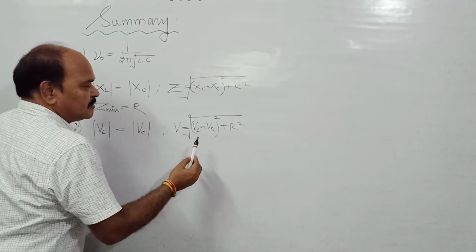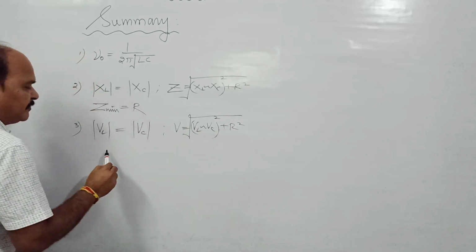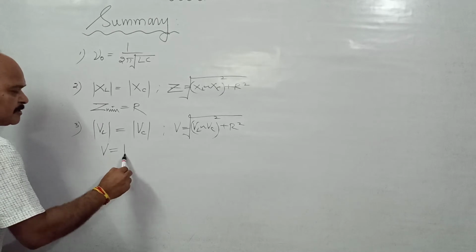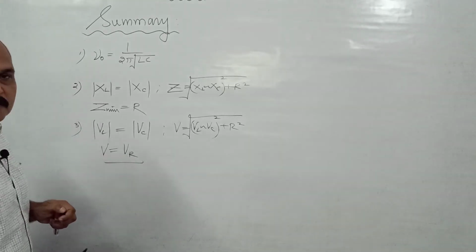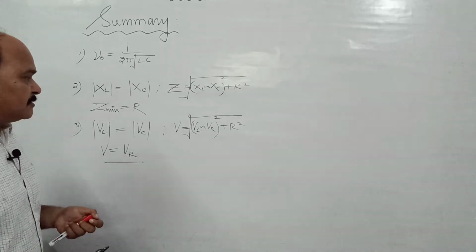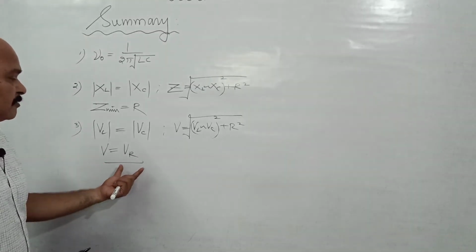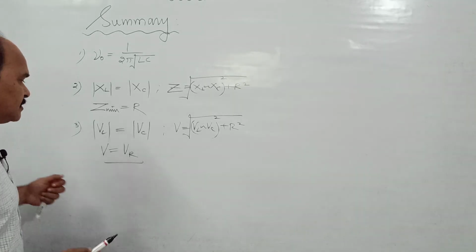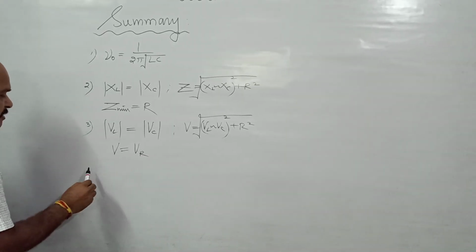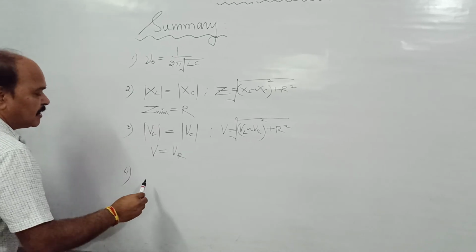Since VL is equal to VC, therefore V is same as the voltage across resistance at resonance. So V is equal to the total voltage, the potential difference which exists across resistance. Well, next point. See, what is current in the circuit?